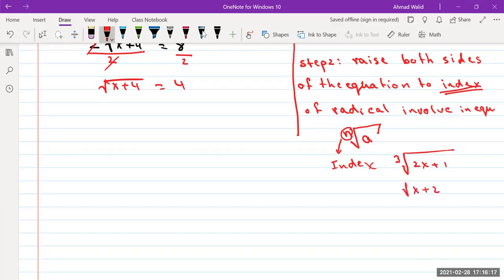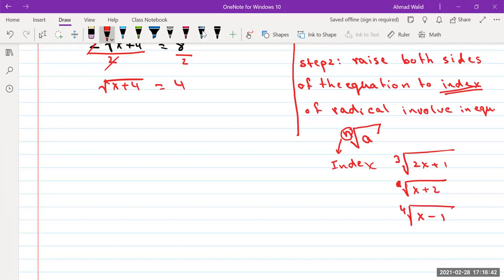Square root of x plus 2. No one writes here a 2 because everyone agreed that for the square root, we are not writing a 2 here. If there is no number, immediately you should know it's a square root. Correct? The fourth root of x minus 1. Your index is 4.